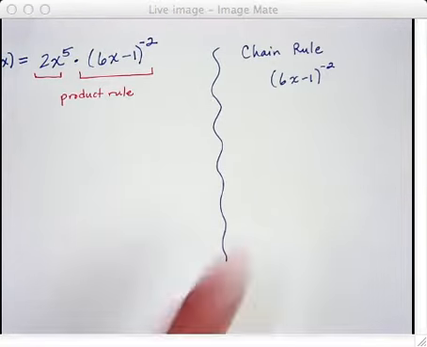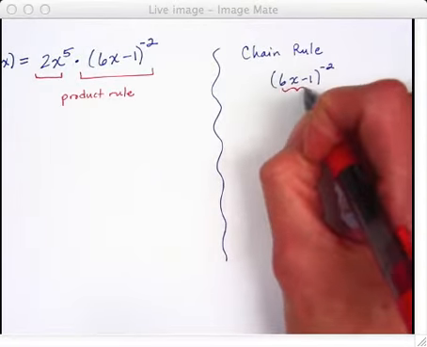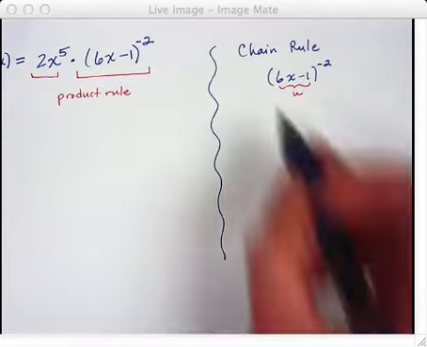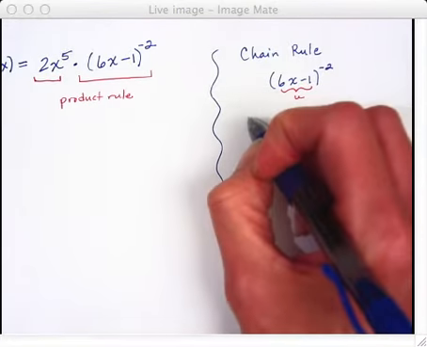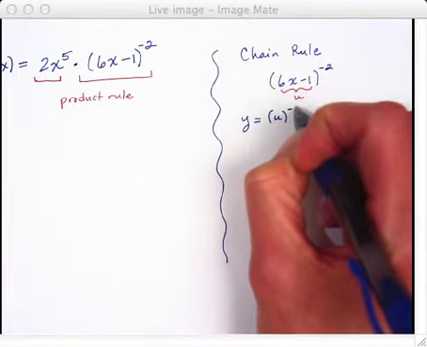All right, so over here on the right, I'm going to take the derivative using the chain rule. On the inside here, I have my u, and my outside function is the parentheses raised to the negative 2. So I'll call this y. y equals u to the negative 2.